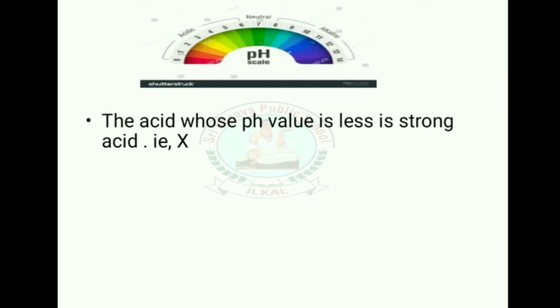Which is away from 7 on the left side, nearer to 0, those are all strong acids. Here X is a strong acid and Y is less than that, a moderate or weak one. The more the pH value, the weaker the acid, meaning nearer to 7, they are all weak acids.